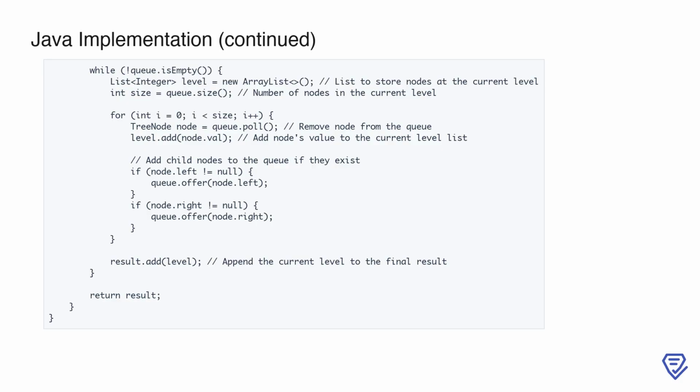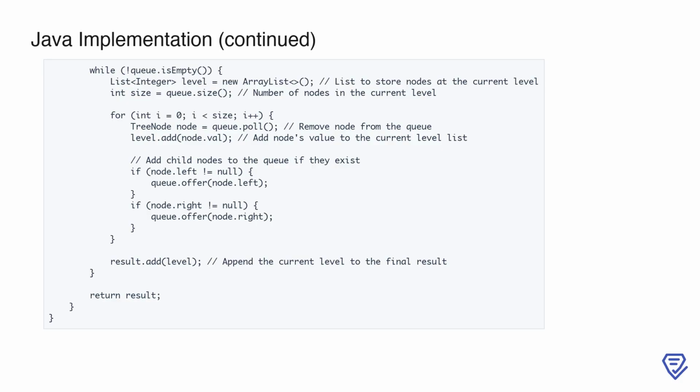At the start of each iteration, we create a new list to store the values of nodes at the current level. We also determine the number of nodes at this level by checking the size of the queue. Then, we use a for loop to process each node at the current level. Inside the loop, we remove a node from the queue and add its value to the current level's list. If the node has a left child, we add it to the queue.